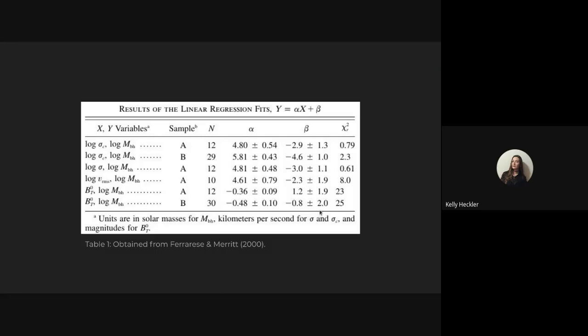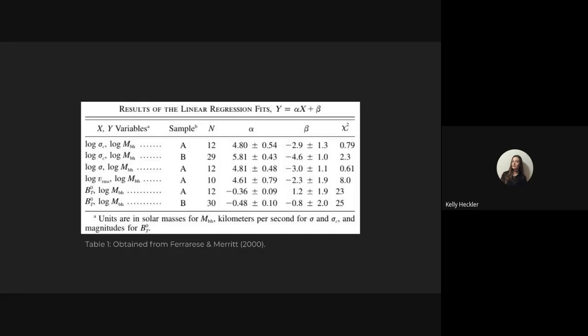We can see here that the correlation between the black hole mass and the bulge magnitude is poor for both sample A and sample B. It's apparent from the reduced chi-squared of the fit in Table 1 that, even by restricting the sample to the galaxies with the most accurately determined black hole masses, the intrinsic scatter in the relation between the black hole mass and absolute blue luminosity remains significantly larger than the reported errors.